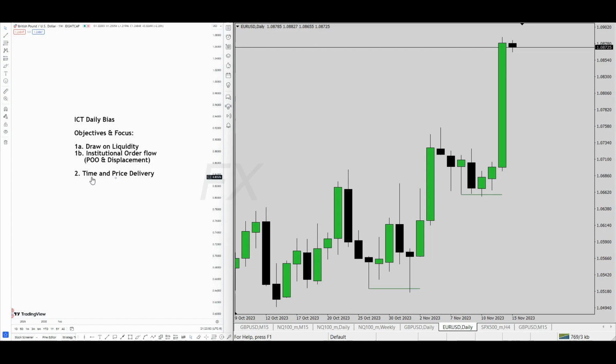So these are the few things I believe, in my own opinion, you need to understand and focus on to be able to get your hands dirty in understanding the ICT daily bias. Now, a very quick disclaimer: you being able to identify the ICT daily bias doesn't mean you're going to go into the forex market or the stock market or the index markets to trade every single day.